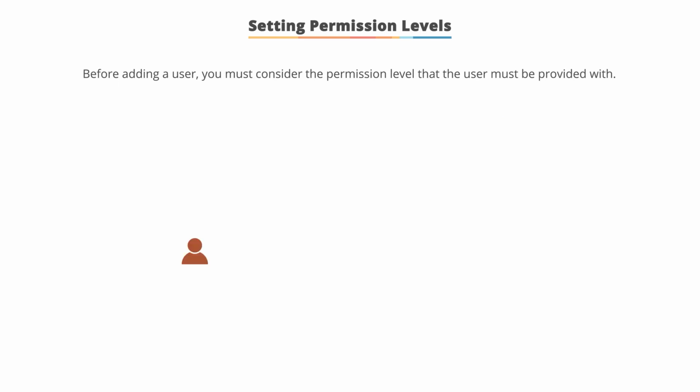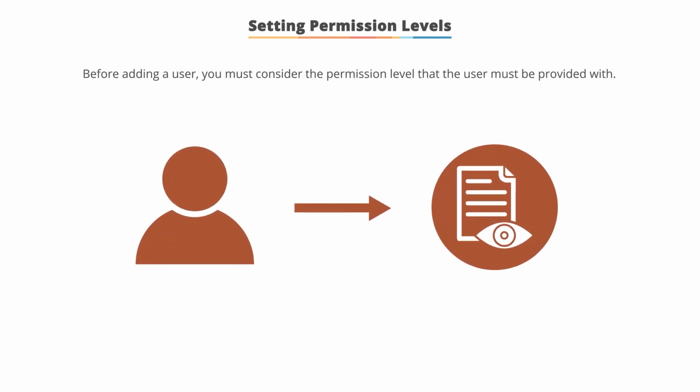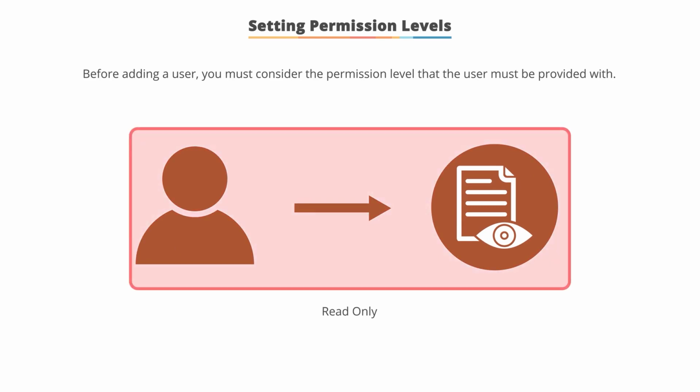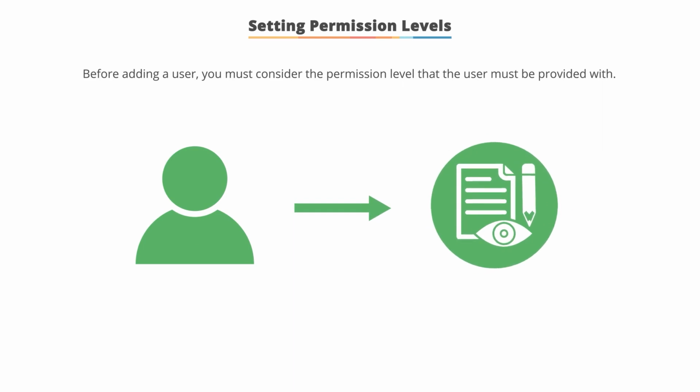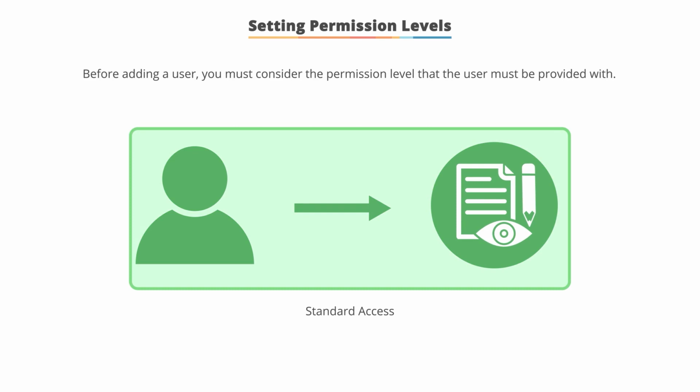For instance, if you want someone to see information but not change anything, you can give them read-only access. If you want a user to be able to make any changes but not add or remove other users, they can have standard access. By giving each user access, you can maintain control over your data and also add and remove other users as your need for accessing your data changes.